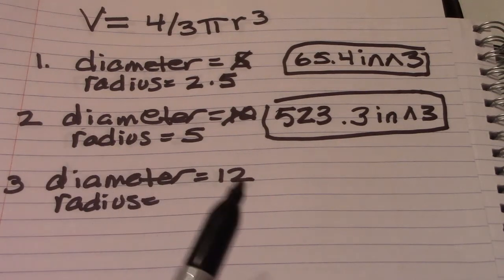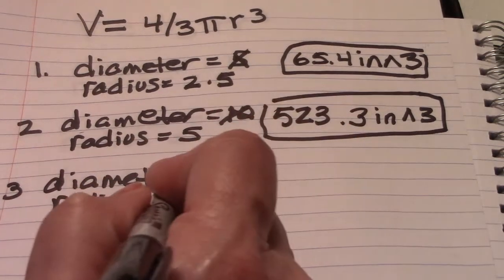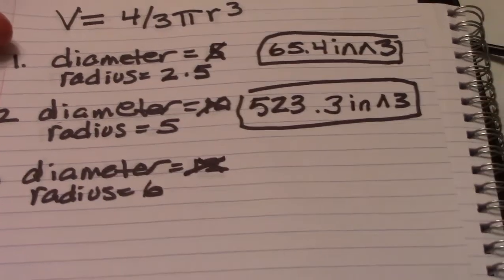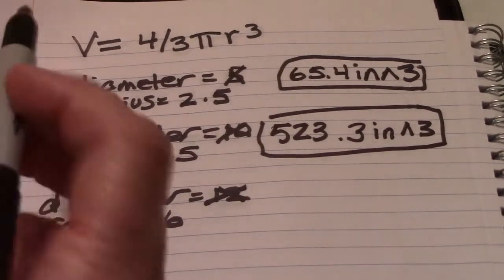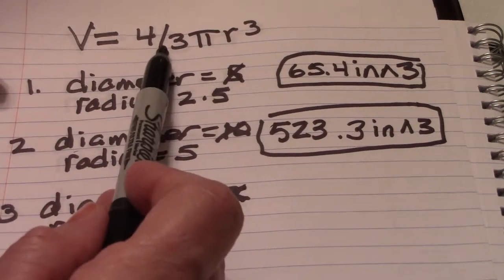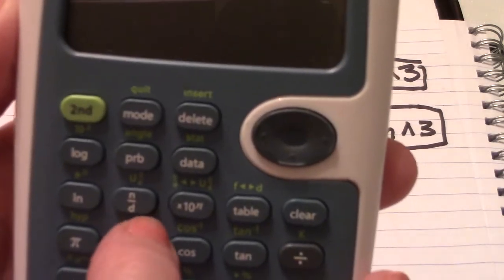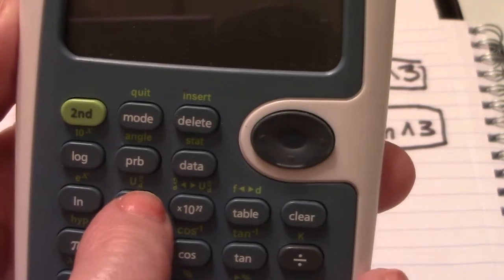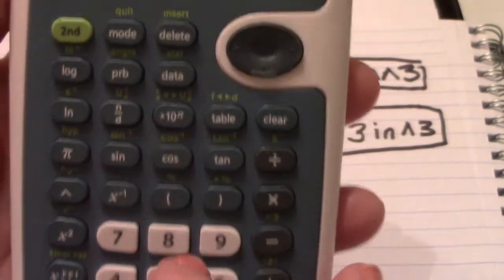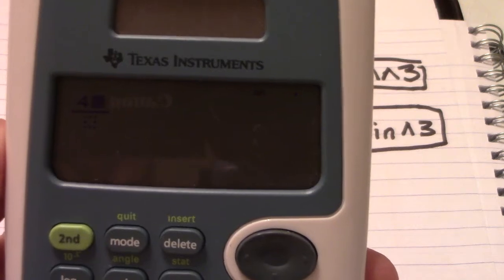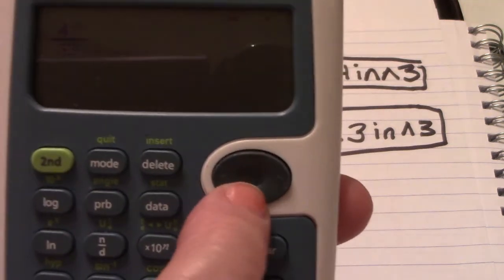The diameter's 12. Well, the radius is half the diameter, so that makes the radius 6. I'll get rid of that so I'm not confused. So remember, my formula is 4/3 times pi times r cubed. Here we go. I can either hit the fraction button and then hit my 4, which is my numerator, then the down arrow.